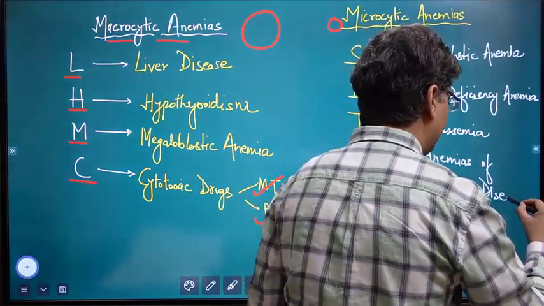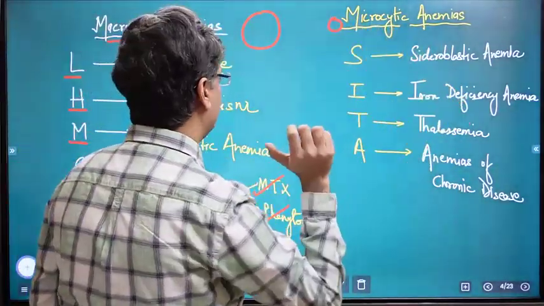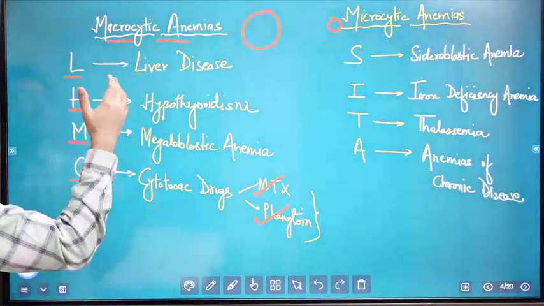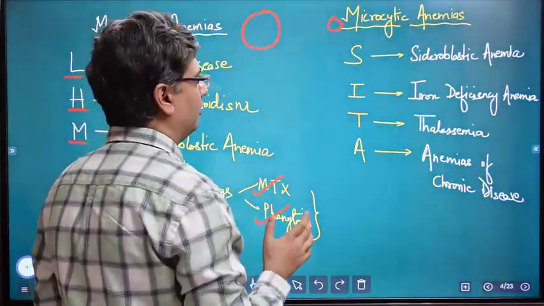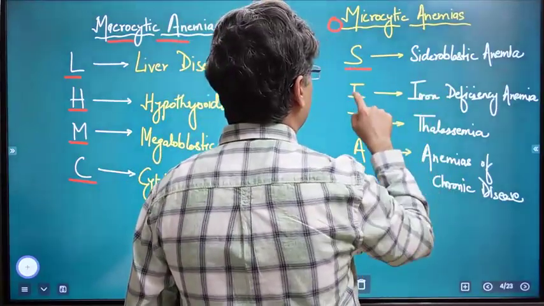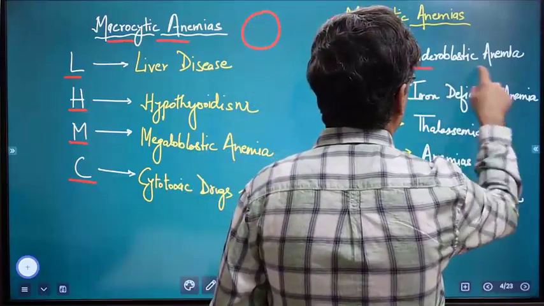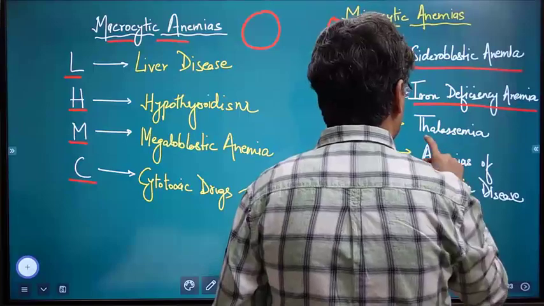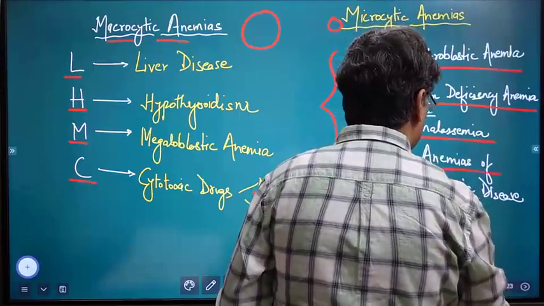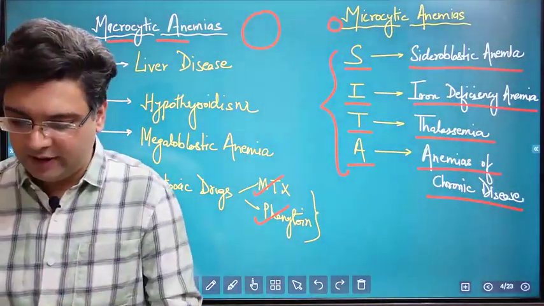Yes, so we will not confuse macrocytic anemias and microcytic anemias. For macrocytic anemias, we have the acronym LHMC, which is Lady Hardinge Medical College, and for microcytic anemias, we have the acronym SITA. S is for sideroblastic anemia, I is for iron deficiency anemia, T is for thalassemia, and A is for anemia of chronic diseases.